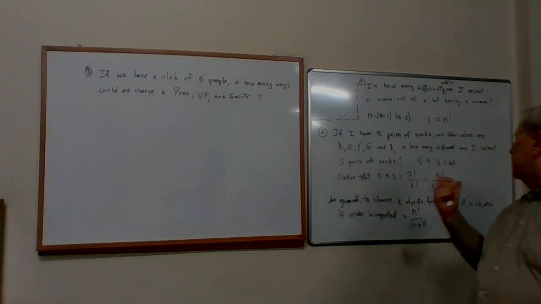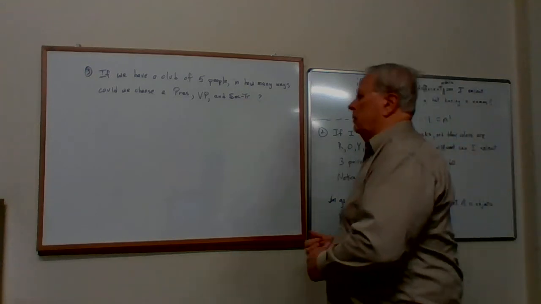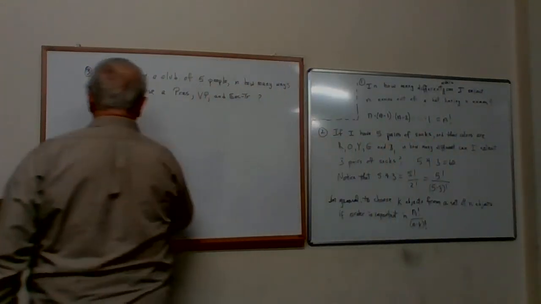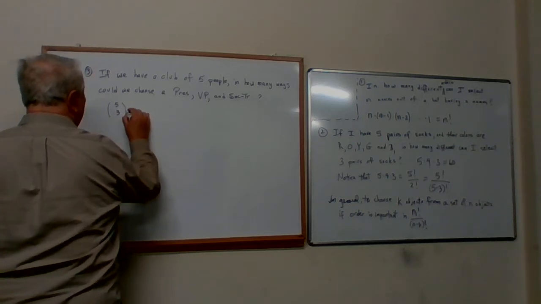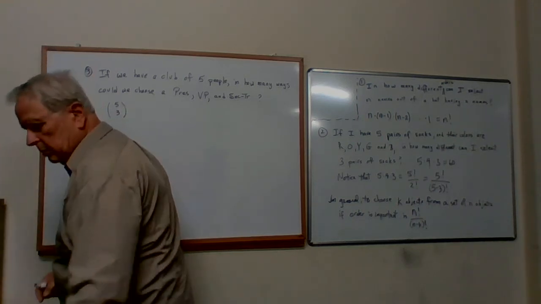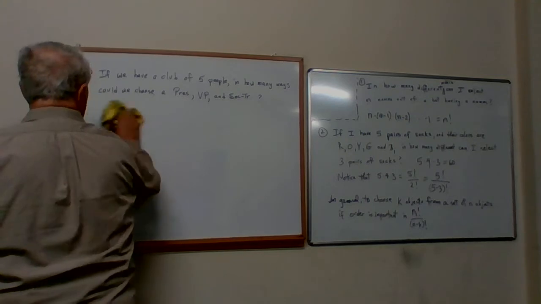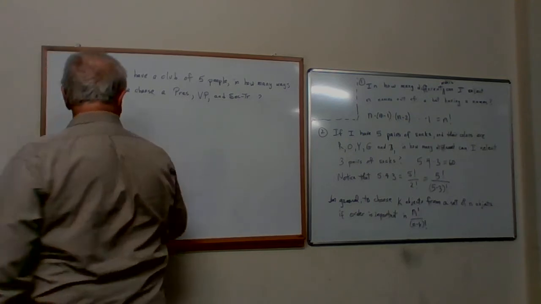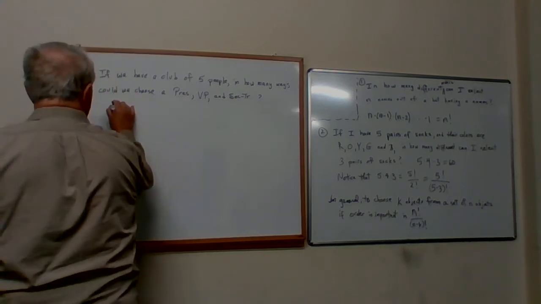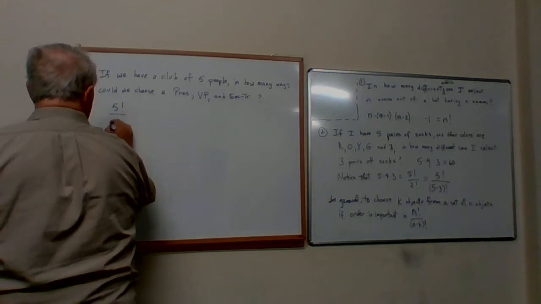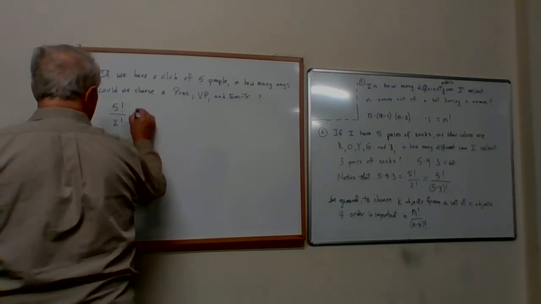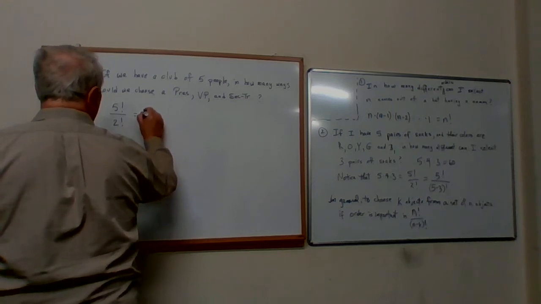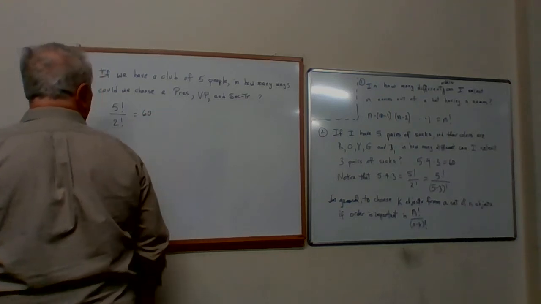And so I'm going to get the same answer as I got over here. The answer is 5 choose 3. No, it isn't. We're not there yet. The answer is 5 factorial over 5 minus 3 factorial, 2 factorial, which we already know to be 60.